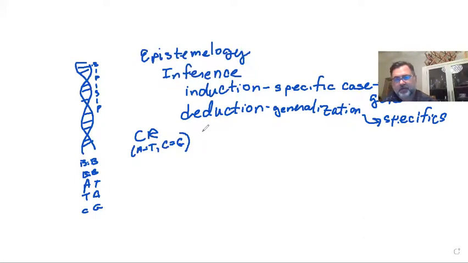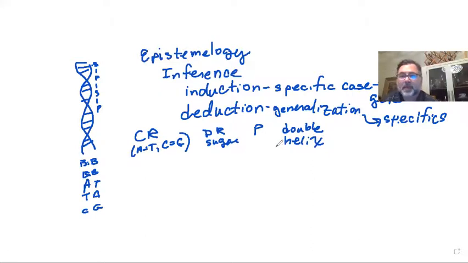They also knew that there was deoxyribose, the sugar. They knew there were phosphates, and they knew they had a double helix.